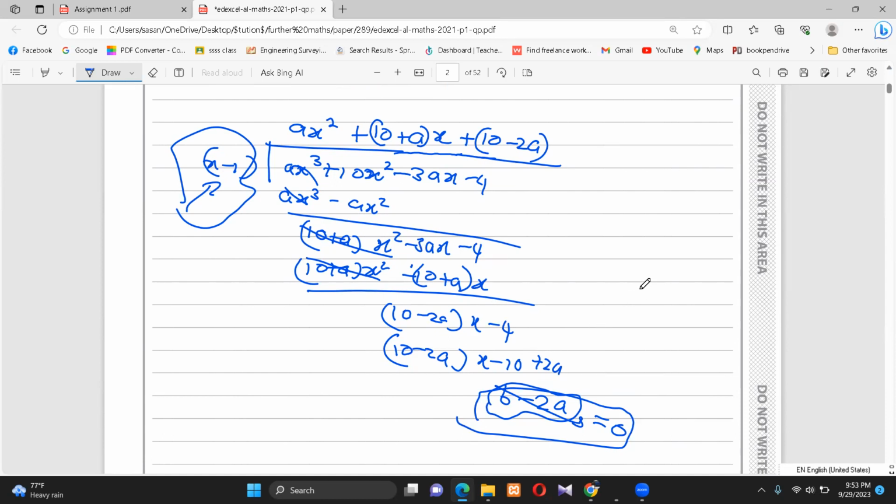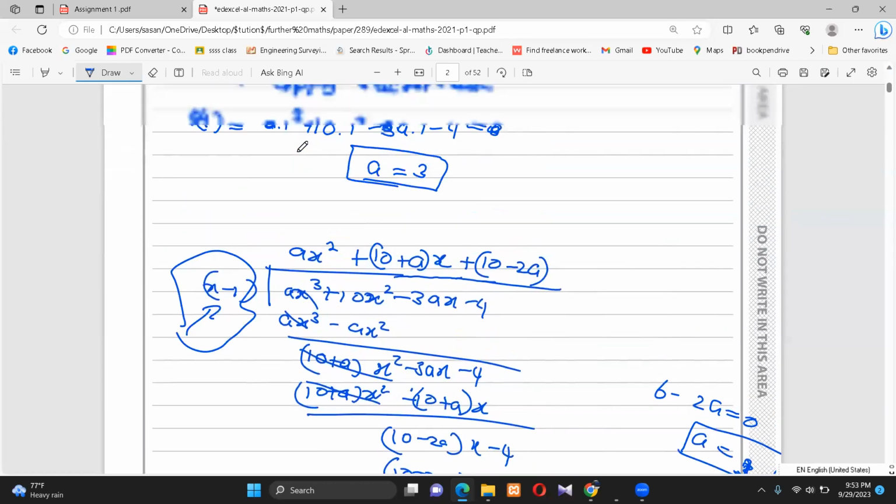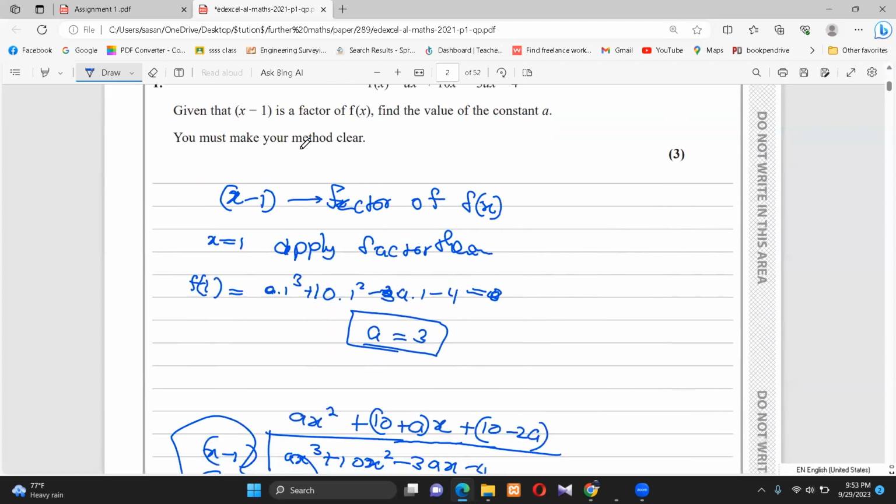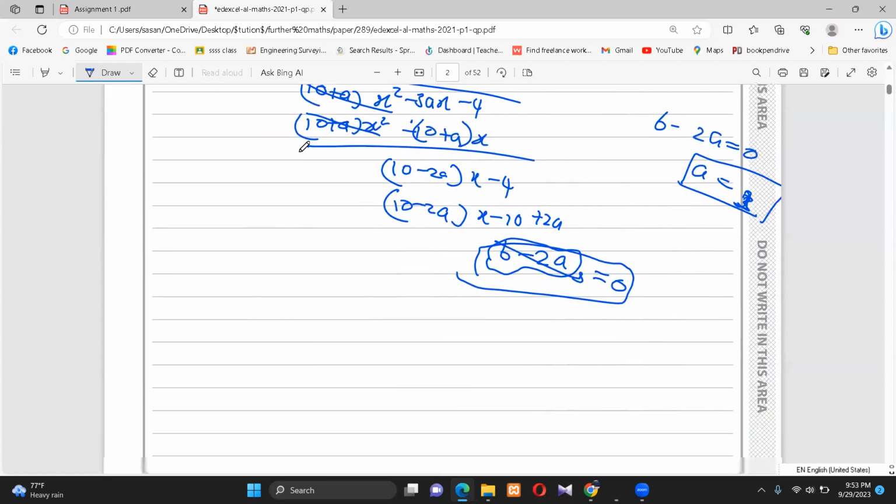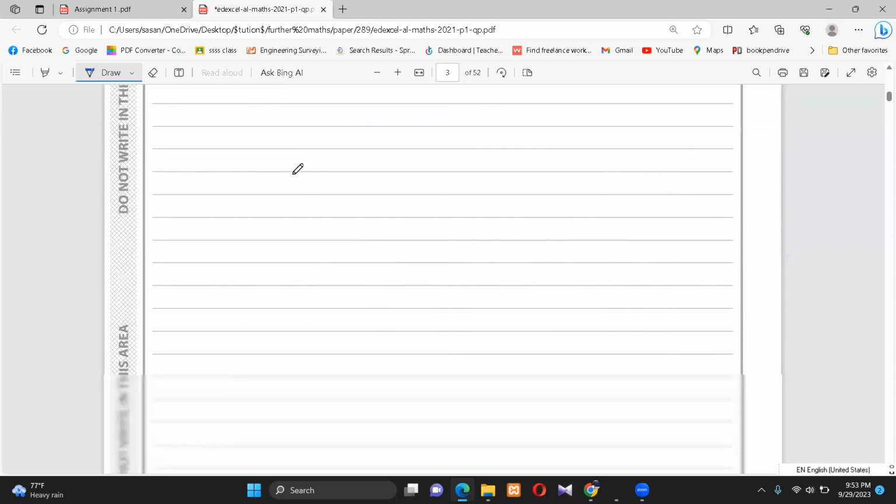So the remainder is equal to 0, then a equals 3. You can see clearly both answers are equal. It should happen because both methods are correct. It approaches the requirement, but I think long division takes a little more time compared to the factor theorem.